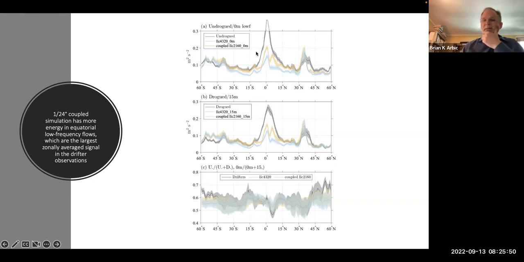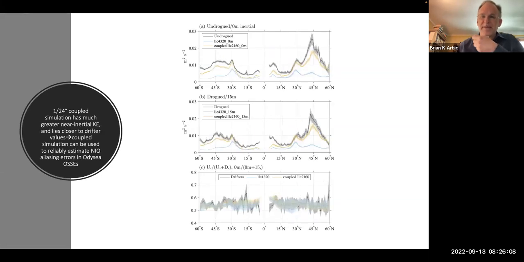Again, this is the largest signal, at least in the zonal averages that you see in the drifters, right here on the equator. I think it's pretty interesting that having high-frequency updates of the atmospheric coupling makes such a big difference, and we will surely keep looking at that.